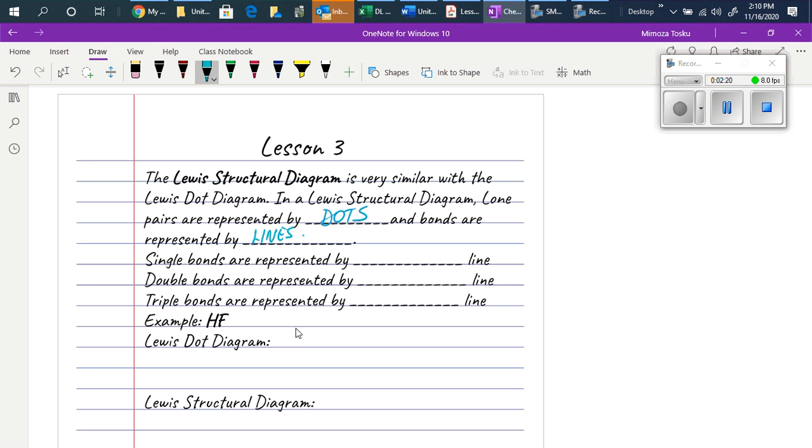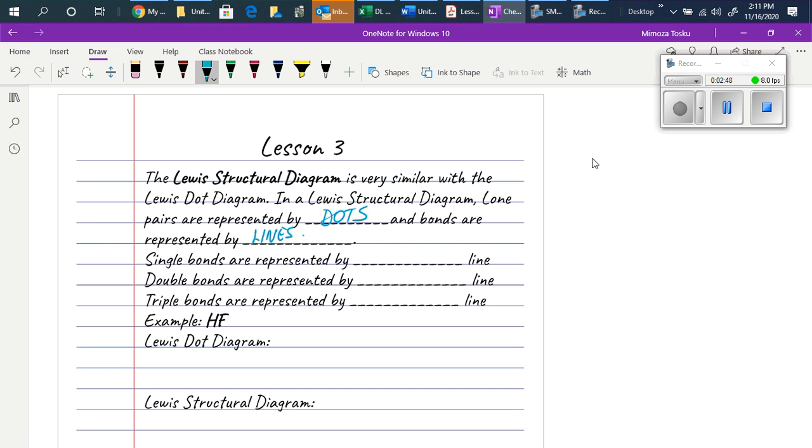So let's look at the difference between the Lewis dot diagram and the structural diagram. Let's say that we have water.